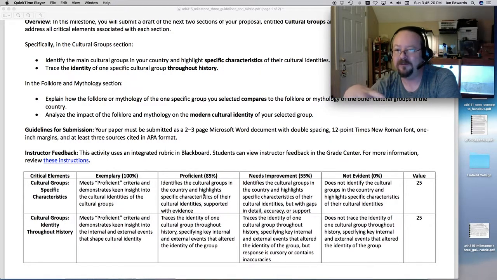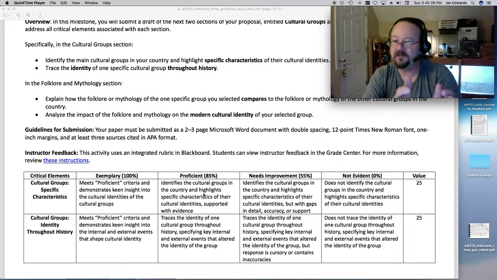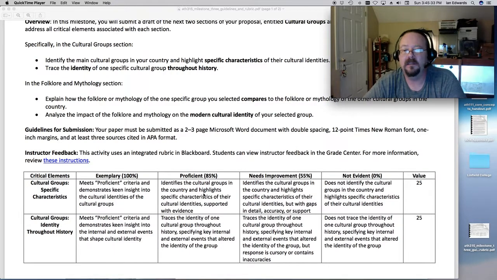That should help you think about your specific country, right? There are really clear differences when you have indigenous peoples versus those that have migrated or immigrated in from other areas. Key, cite support. Find good scholarly support as evidence for these characteristics that you're going to describe.